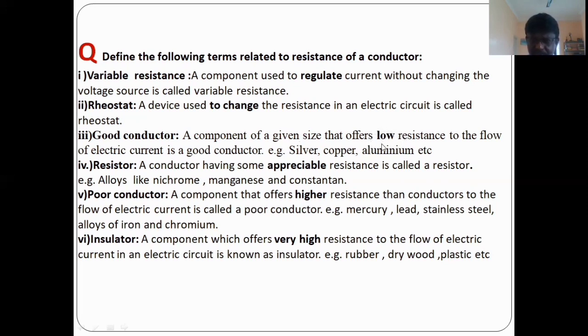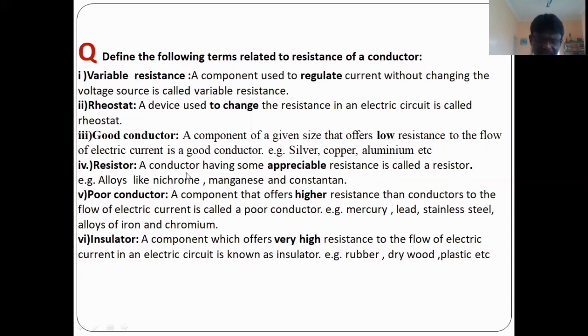If the resistance is very low, then we say it is a good conductor. Examples: silver, copper, aluminium, etc.